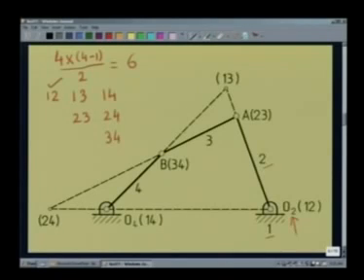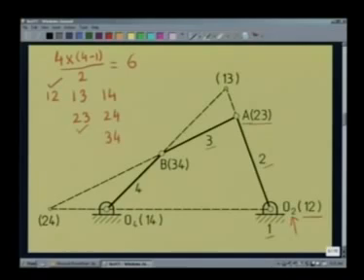So O2 gives us the location of the relative instantaneous center 1,2. Similarly, 2,3 is at A, because for the same reason links 2 and 3 are connected by a revolute pair at A. So A gives us the location of 2,3.